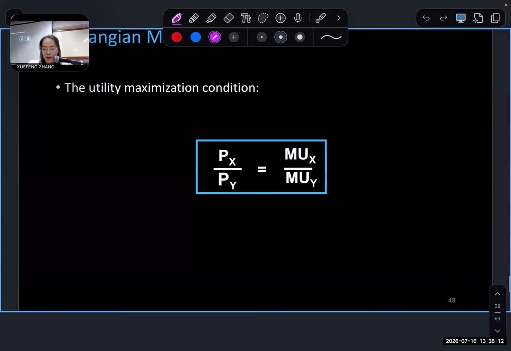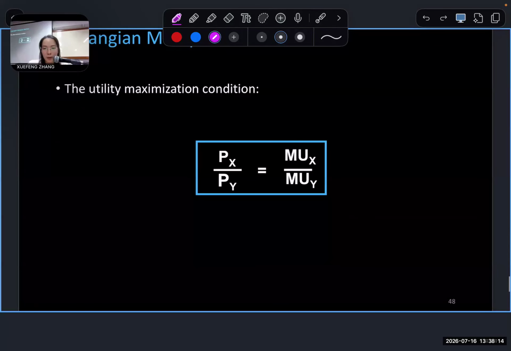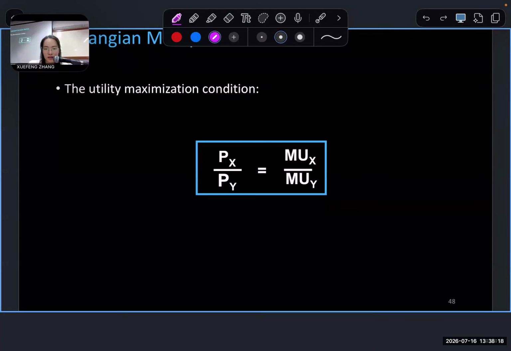The price ratio must equal the ratio of the marginal utilities. Or, what you pay, because you pay the price, equals what you gain, the marginal utility.